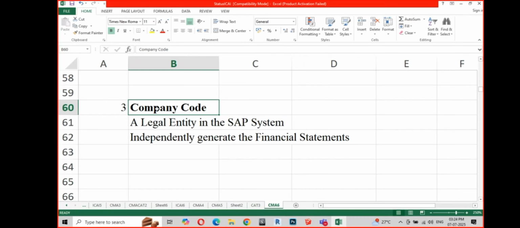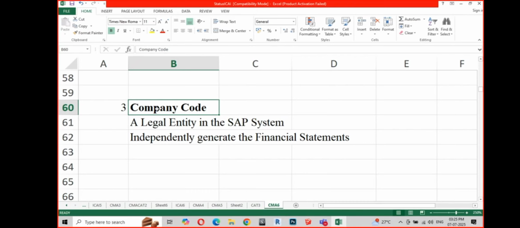So basically, your company code is a legal entity which you are creating in the SAP environment.